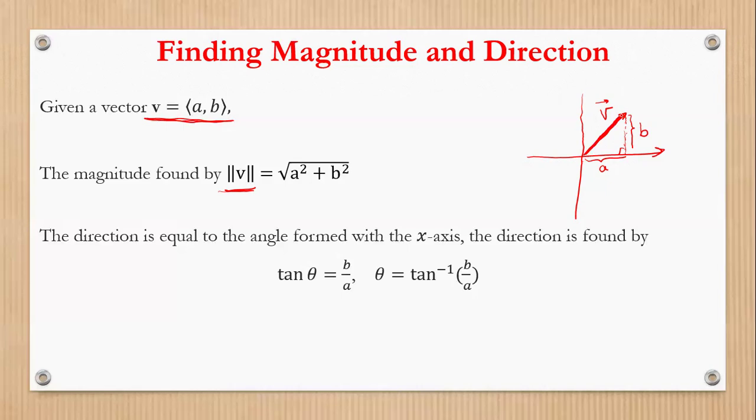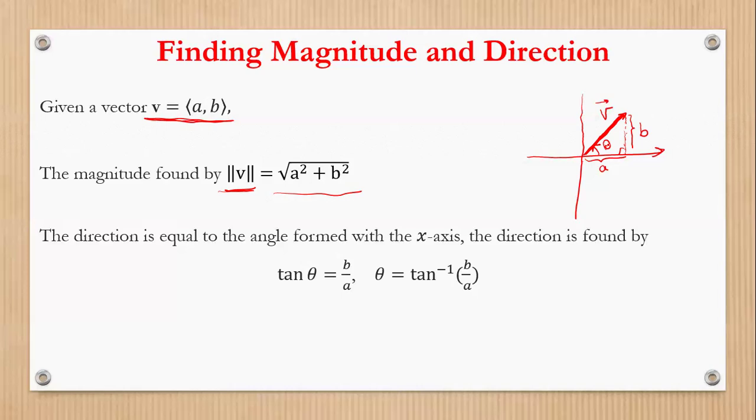And to find the hypotenuse, we are using the right triangle property, the Pythagorean theorem, and that's why we use this formula, which is the square root of a squared plus b squared. And to find the direction of the vector, we need to find the angle that the vector creates with the x-axis. We need to find this angle because this angle tells me the direction.